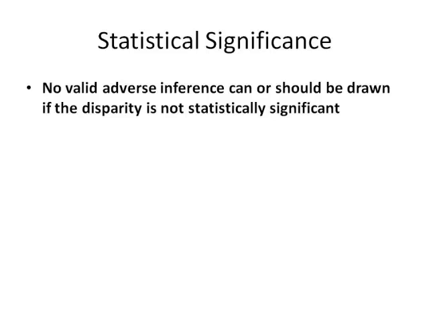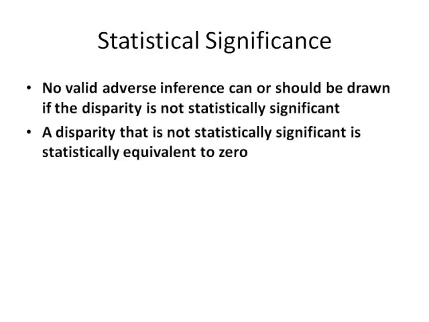Now it's important to know that no valid adverse inference can or should be drawn if the disparity is not statistically significant. I'm going to say that again. No valid adverse inference can or should be drawn if the disparity is not statistically significant. If a disparity is not statistically significant, it's statistically equivalent to 0.